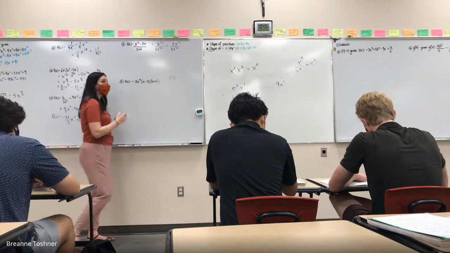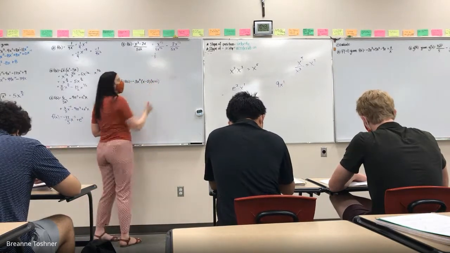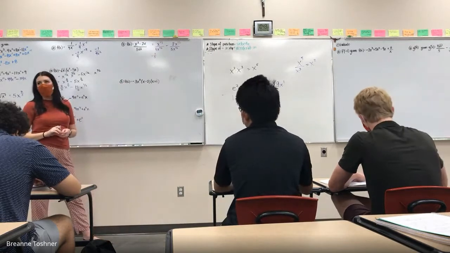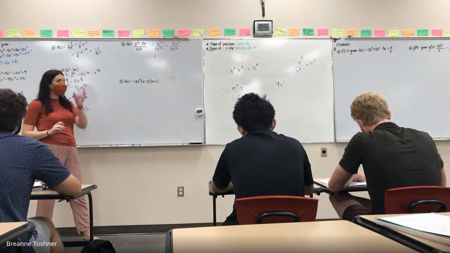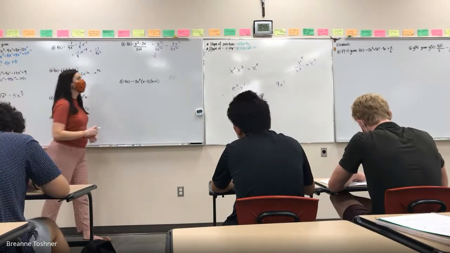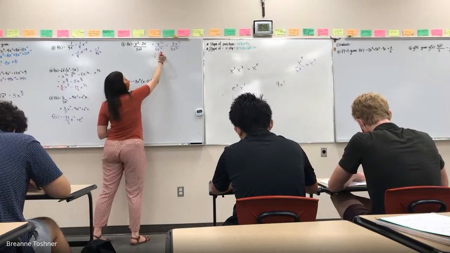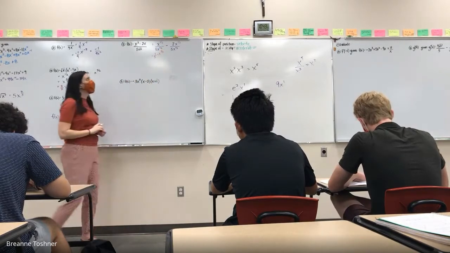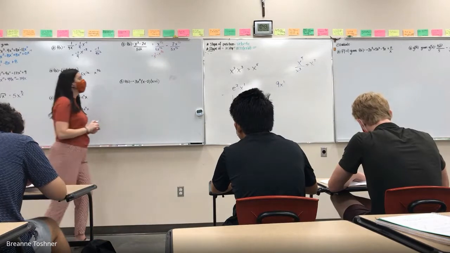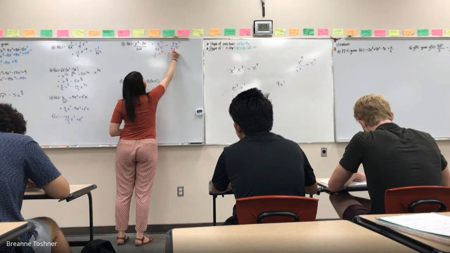One way to make that easier to think about is probably just pulling it out in front as a 1/5. I recommend that. You don't have to. It's fine to leave it as over 5, but calling it 1/5 times sometimes makes things easier. So we have 1/5 times x to the 5 halves, because we're subtracting 6 halves minus 1 half. And then I have minus 2/5 times x to the 1 half.